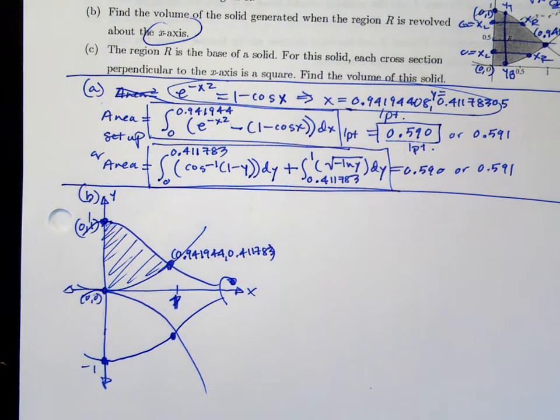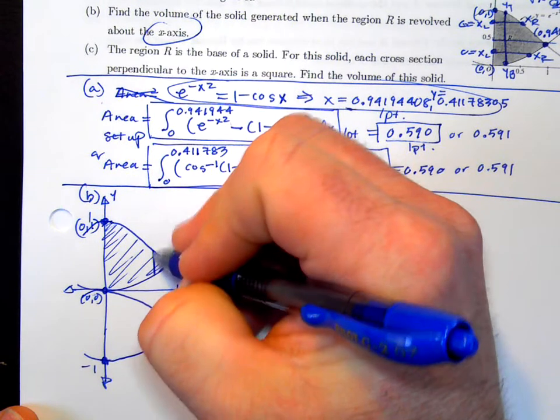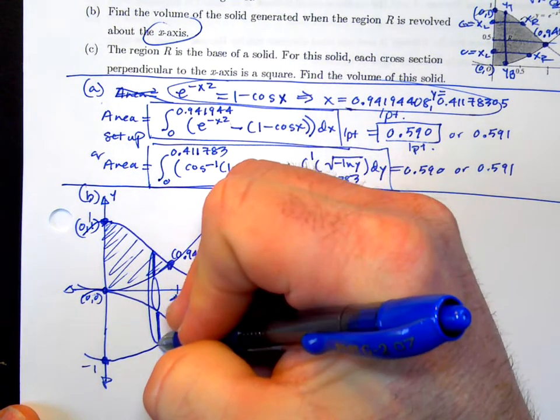Okay. And so we can do disc washers or we can do shells. If you're going to do disc washers, I'm going to just try and fit both on the same picture. You're only going to do it one way, so you only need one picture, but I'll do it both ways.